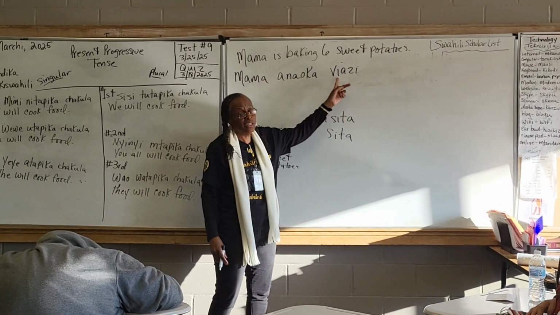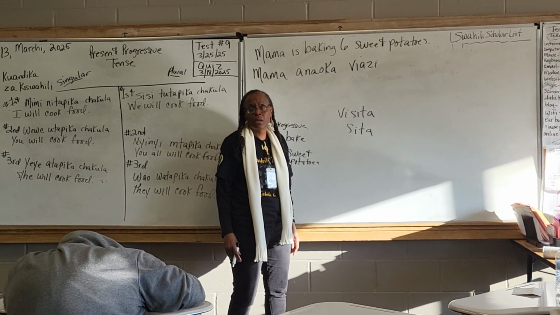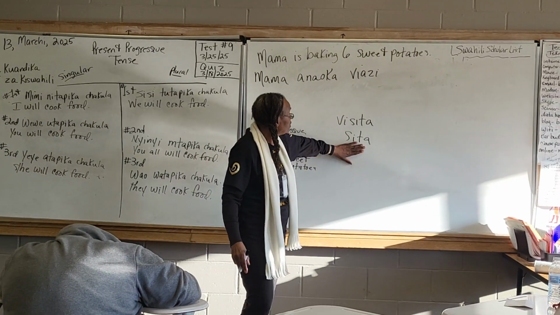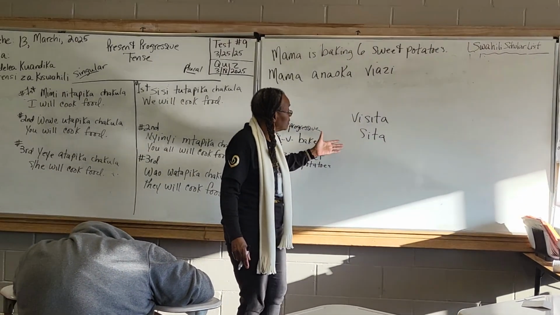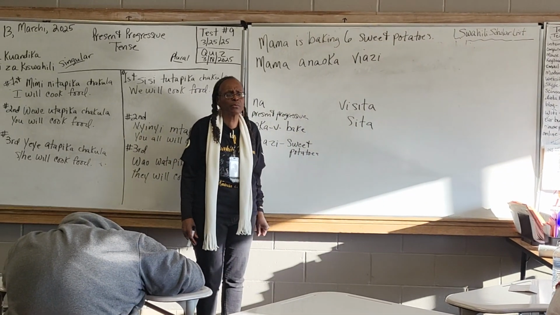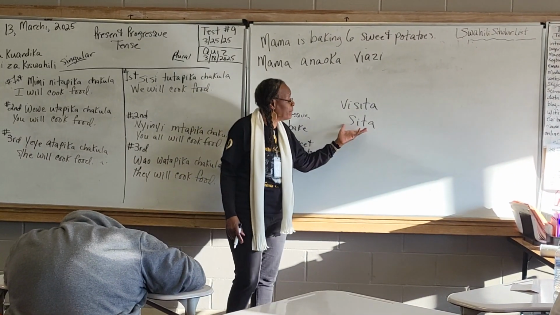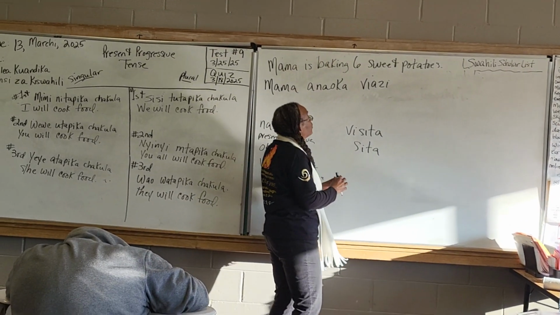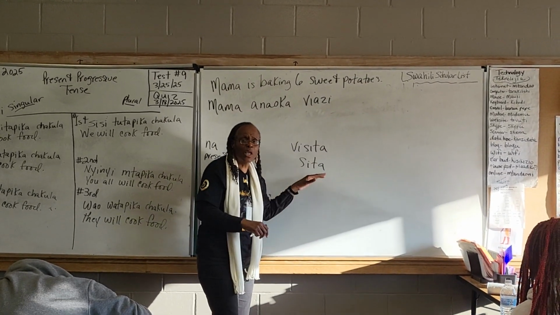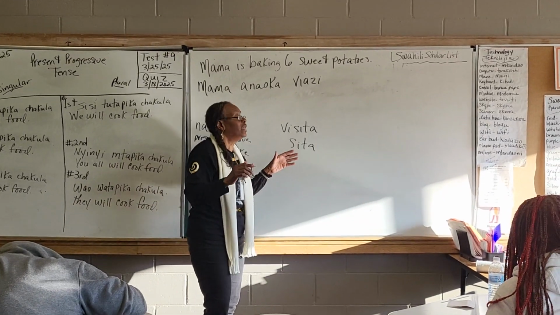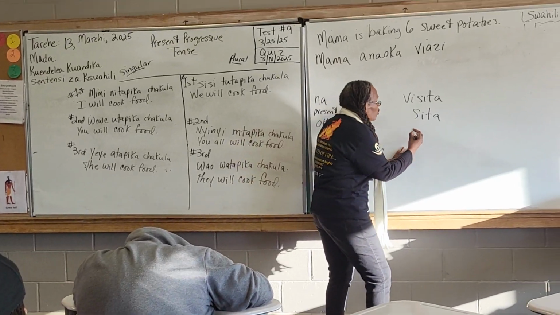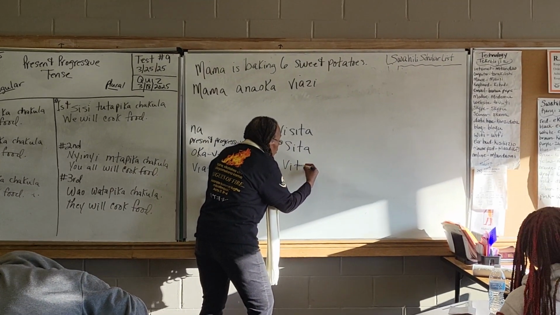Is it because she's doing it right now? No. What do you know about numbers? There's more than one. Right. But if we said 5 potatoes, we would say vitano.